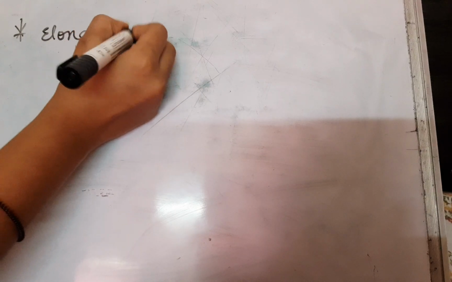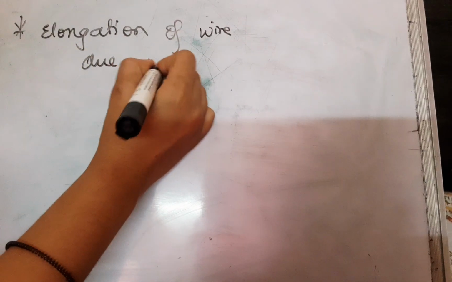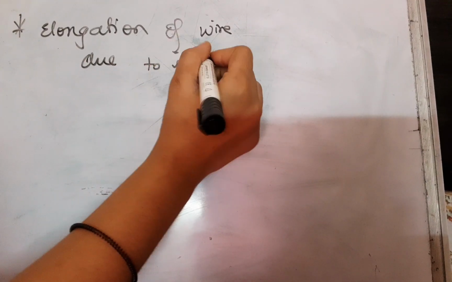Now let's move on to some more applications, like elongation of a wire due to its own weight. Elongation of an object or wire, let us say, due to its own weight.